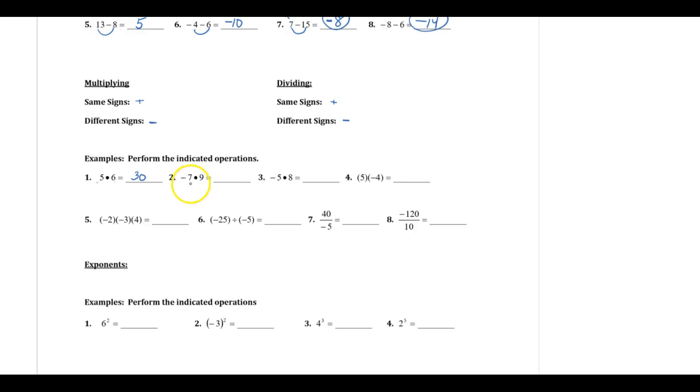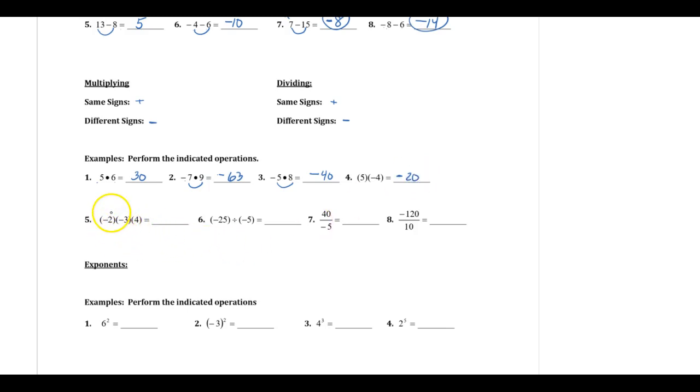You get a positive. Here, -7 times 9, different signs means it's negative. 7 times 9 is 63. Negative 5 times 8. A negative times a positive is a negative. 5 times 8 is 40. 5 times negative 4, different sign, so it's negative. 5 times 4 is negative 20.